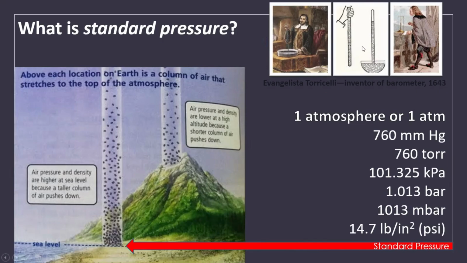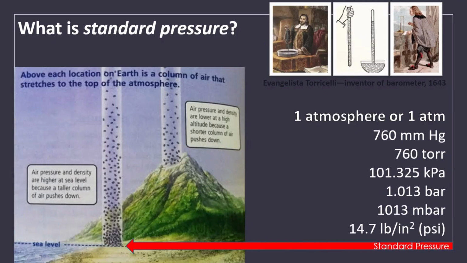What he did was he had a glass tube that had a closed end, and he filled it full of mercury. Then he turned it upside down in a pan of mercury and noticed it created a vacuum up here at the top of the column. He was the first to figure out that that was the pressure of the atmosphere pressing down on the mercury level in the pan, pushing it up into the glass column.